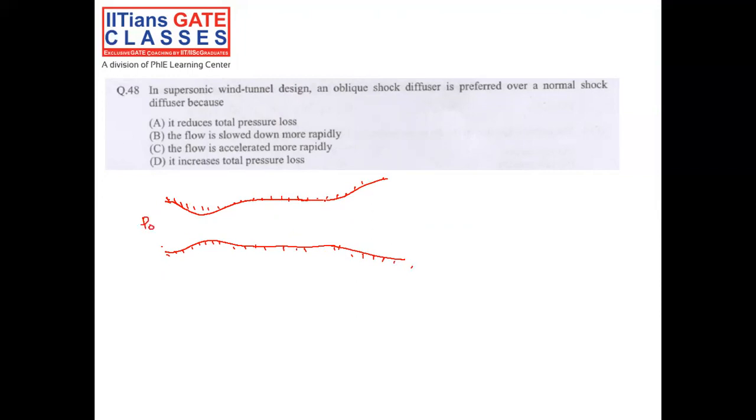So this is the normal shock diffuser. This part is the test section of the wind tunnel where the Mach number of the flow is supersonic. And this is the exit of the wind tunnel where the flow is being discharged, and the Mach number is very subsonic, very slow. And pressure here is atmospheric pressure, which is 1 atmosphere. So this is the normal shock diffuser.